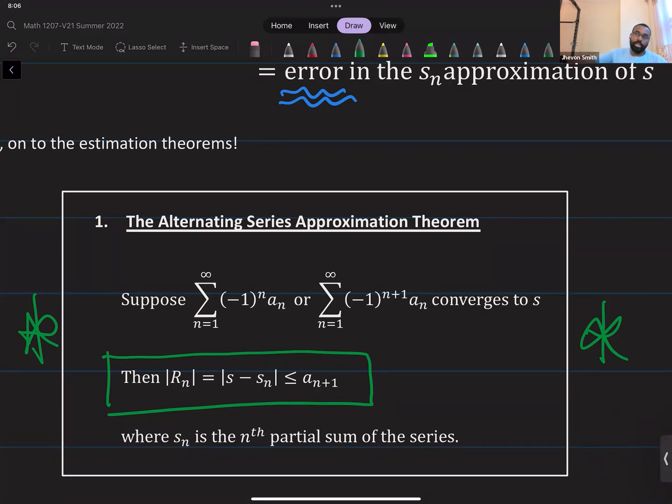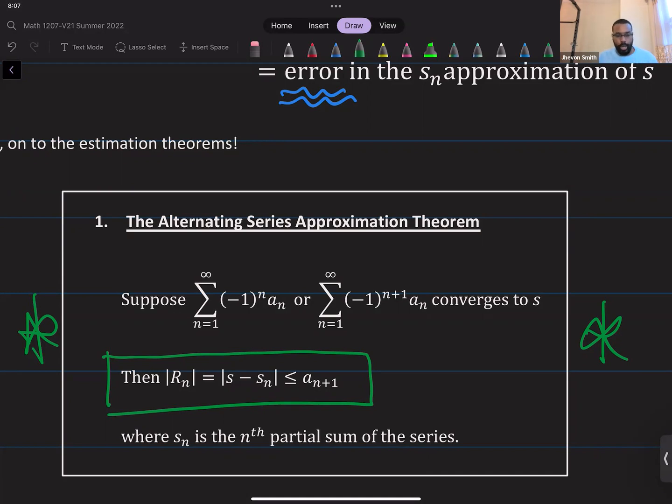The alternating series approximation theorem tells you the magnitude of that error is actually from the n plus first term, which is, it's actually very nice how that works out. It's a very nice theorem. So the n plus first term will actually tell you how close the sum of the first n terms is to the actual answer.